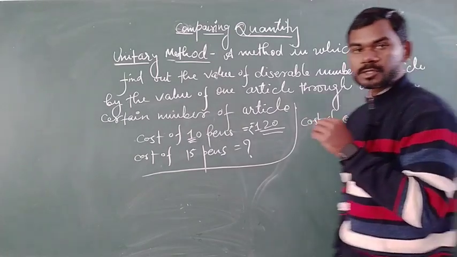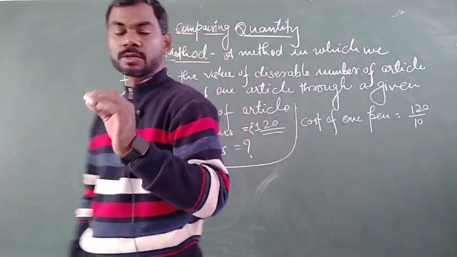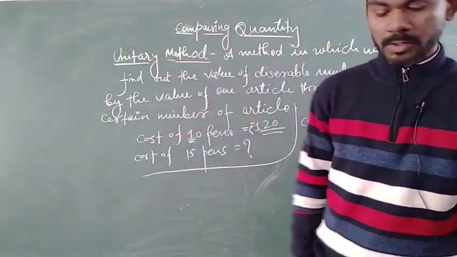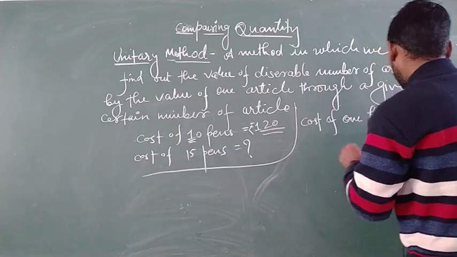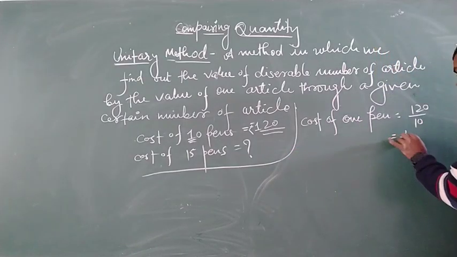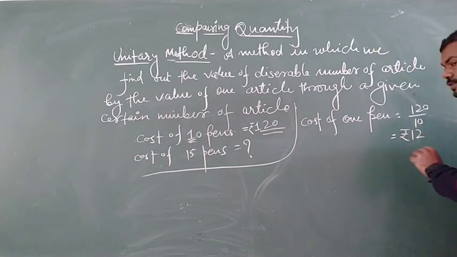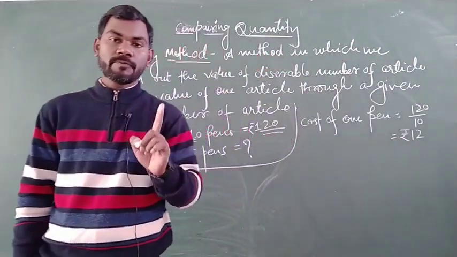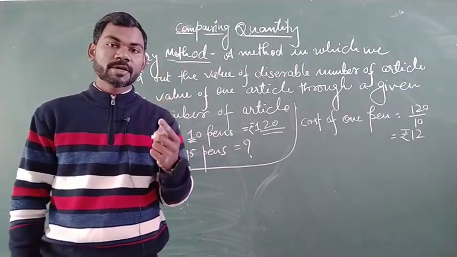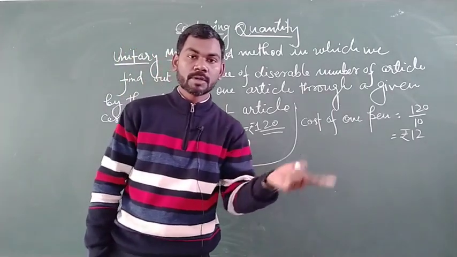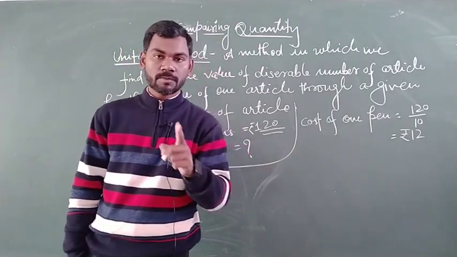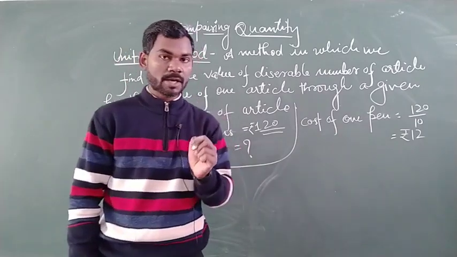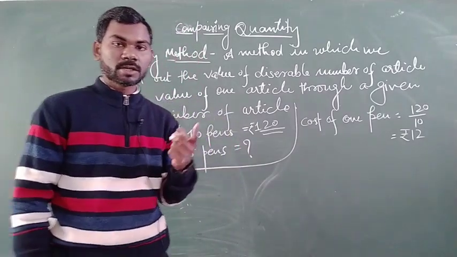In this process we find the value of 1 pen, which is 12 rupees. After getting the value of 1 pen, if we multiply it by the desired number of articles, we get the real value.